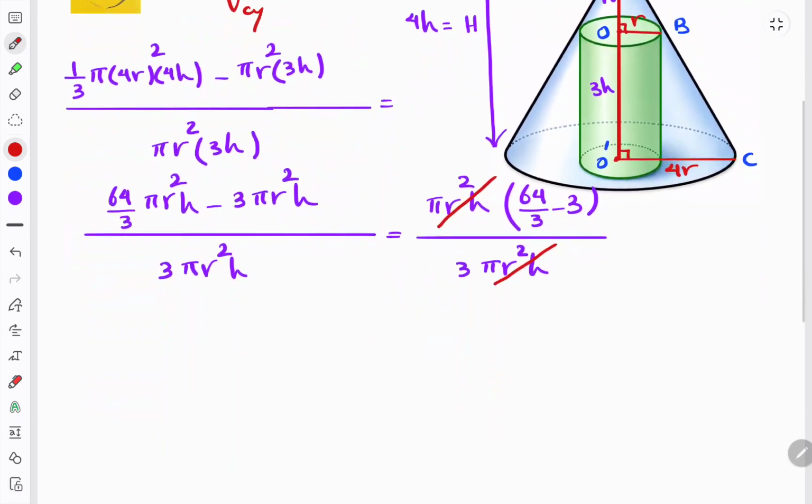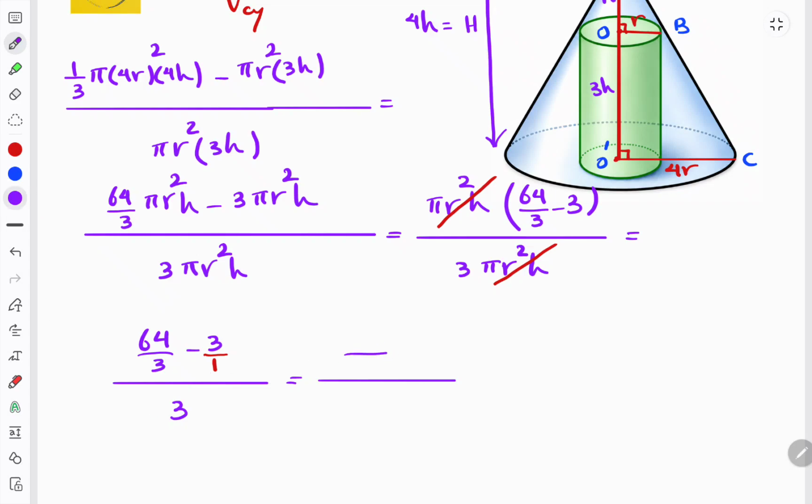So we just need to simplify 64 thirds minus 3 over 3. Let's use denominator 1, and the common denominator is 3. 64 minus 9 over 3, over 3, which is 55 over 3 over 3.